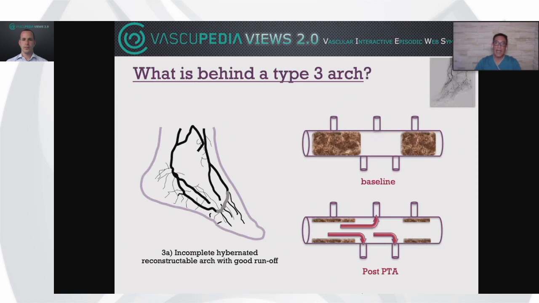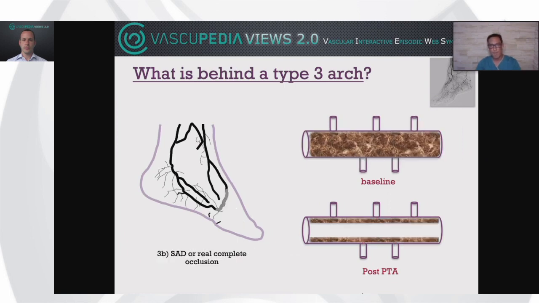So a type 3A, an angiographically occluded arch, can be an arch in which you don't have a complete occlusion, with patchy patent areas, hibernated areas with collaterals arising from them. So when you perform a plantar arch recanalization, you obtain not only flow into the arch, but also into these patchy areas, therefore increasing forefoot perfusion.